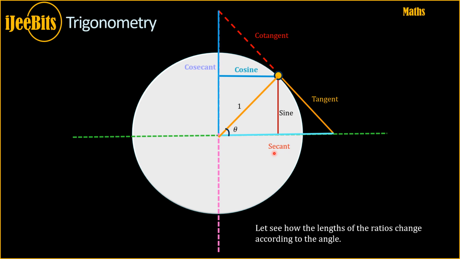So now the interesting point is how the lengths of all these trigonometric ratios change according to your theta. Based on the theta value, all these lengths will vary, right? So let's say at a certain angle of theta, this is how our lengths would look.